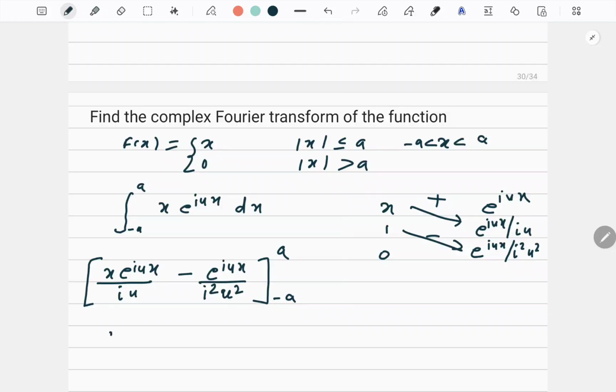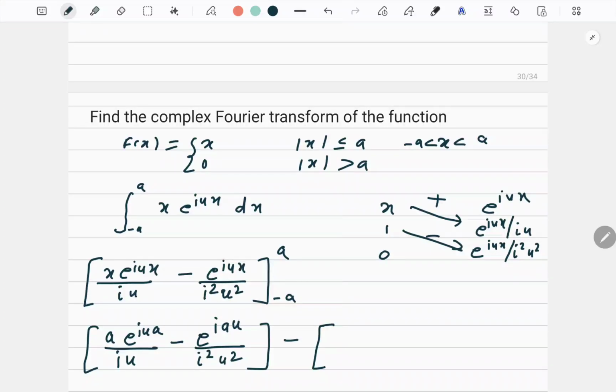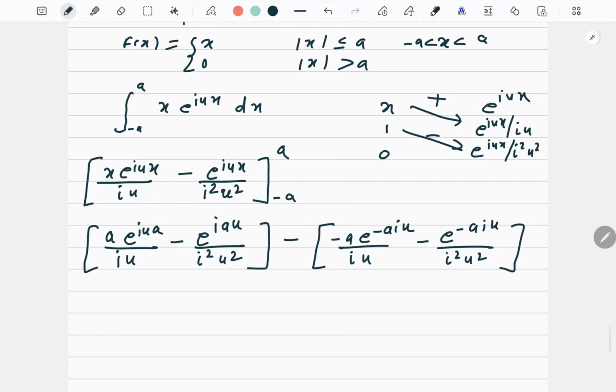So upper limit when I am putting, so a e to the power iau upon iu minus e to the power iau upon i square u square, minus, now I will put the lower limit, that is minus a. So minus a e to the power minus iau upon iu minus e to the power minus iau upon i square u square.